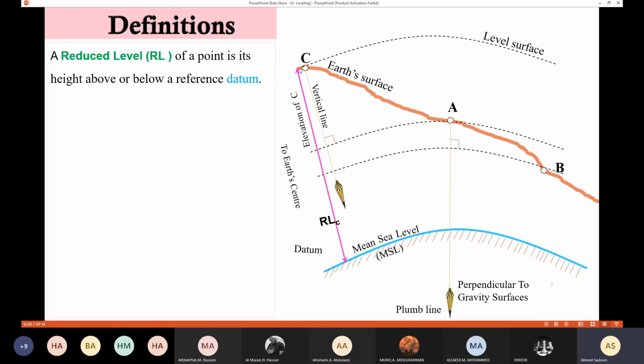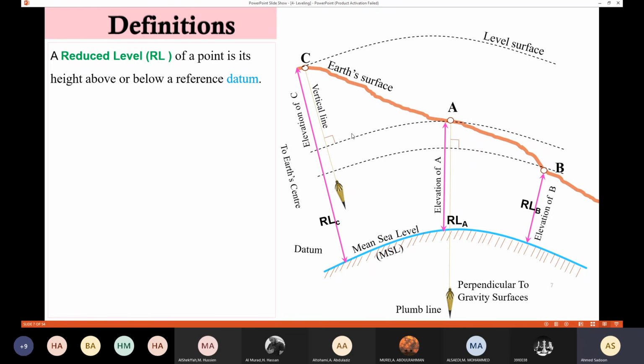Of course, this goes through the vertical line. Also, the reduced level for point B is going to be the distance from point B to the MSL. And this one should go through the vertical line.